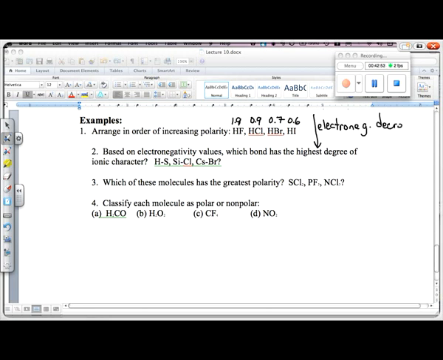That's what you're seeing here. Fluorine's at the top of the column. It has the highest electronegativity on the table. And then chlorine's underneath it, and bromine and iodine. So you get a nice smooth trend here. So we just need to reverse the order. So increasing polarity means that HF will be at the end and HI will be at the beginning because it's the smallest. All right, and then HCl and HBr.